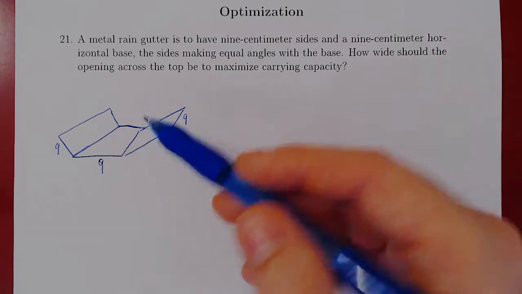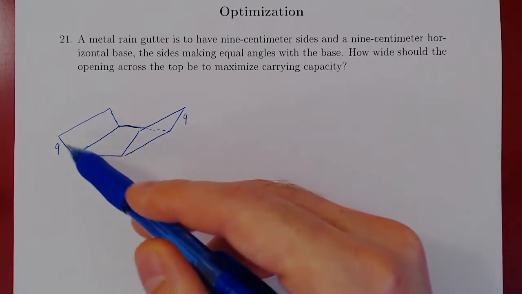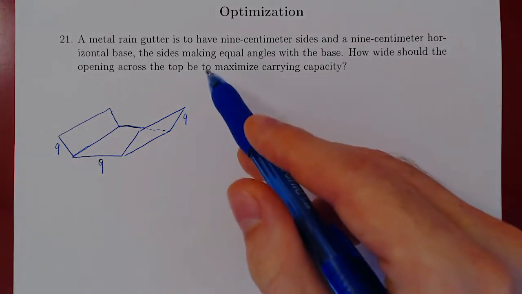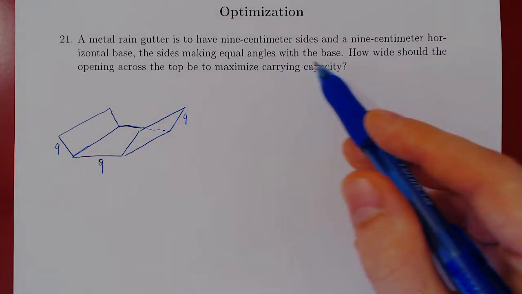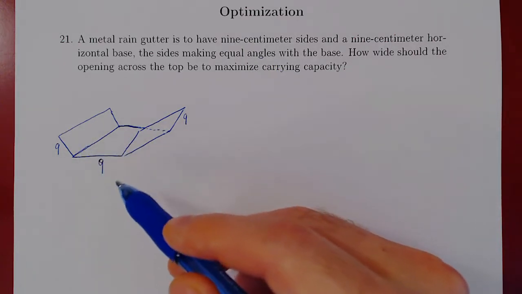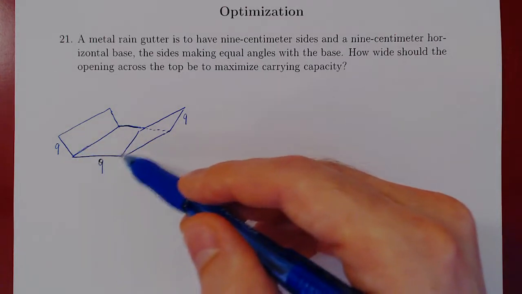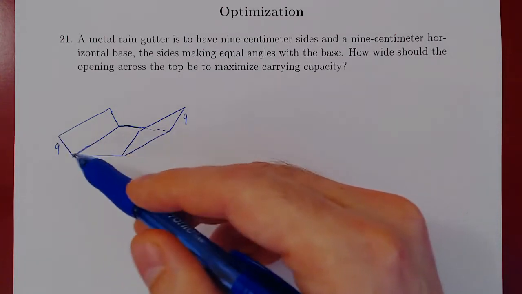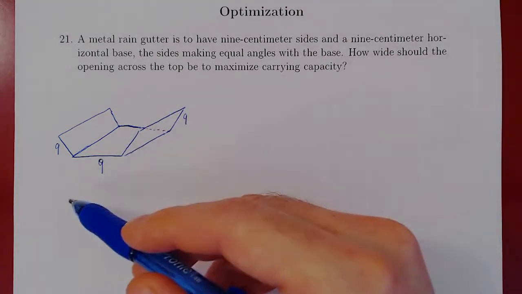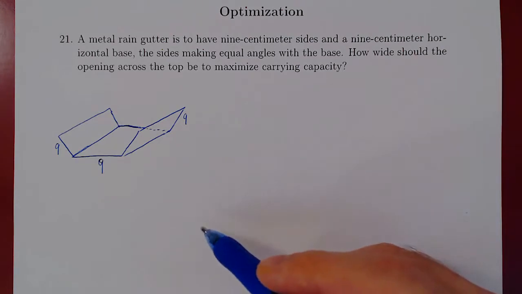So you want to choose the angles for both sides, and we know that they have the same angles. So the opening on the left and on the right is the same. And the obvious question is, if you're going to make such a rain gutter, you will try to maximize the possible flow of water, and that's what's called the carrying capacity.